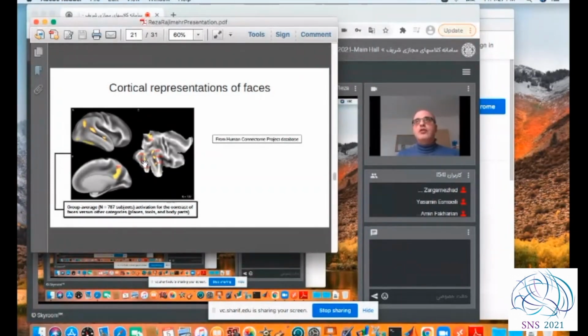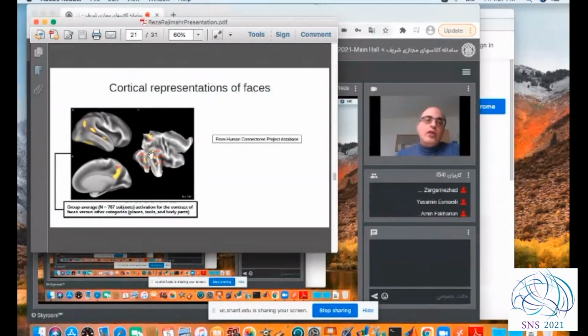Sometimes in some group average maps you don't see an activation because of bad registration, but in HCP they have a good alignment, and that has helped to identify this region. So with a lot of averaging and with good alignment, you get this activation.